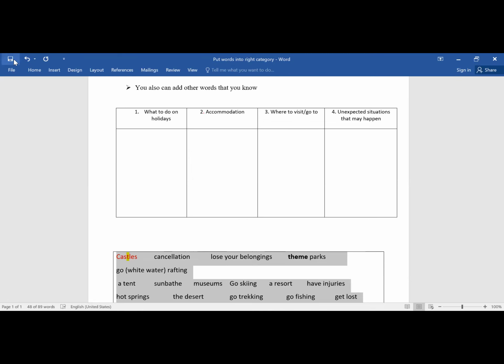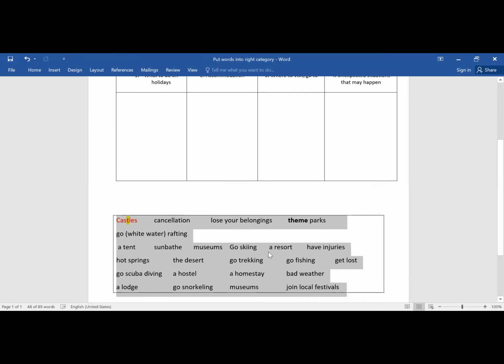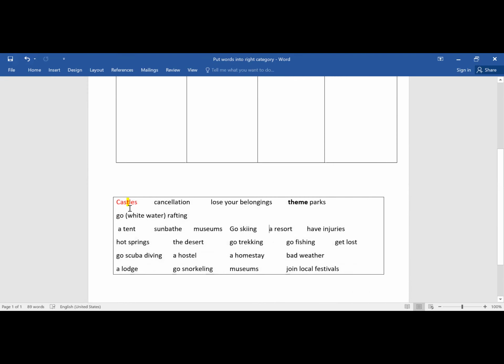Okay. And if you want to, there are some new words here. If you want to use a dictionary, yes, that will be great. I encourage you to use a dictionary. Ask your friends about the words that you don't know first. And if your friends also don't know some of the words here, use a dictionary. Right. Thank you.